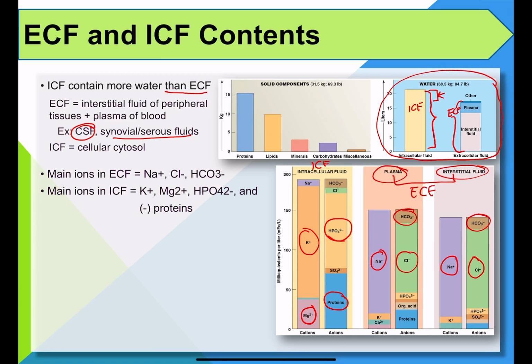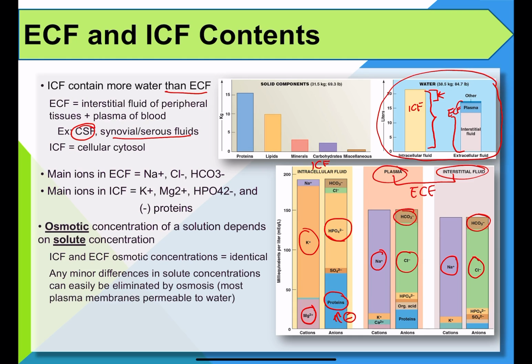Remember we talked about membrane potential in the previous chapter. The reason we have a negative membrane potential is because we have a lot of these negatively charged proteins inside our cytoplasm to make that difference in membrane potentials. And hence, the osmotic concentration of a solution depends on the solute concentration.